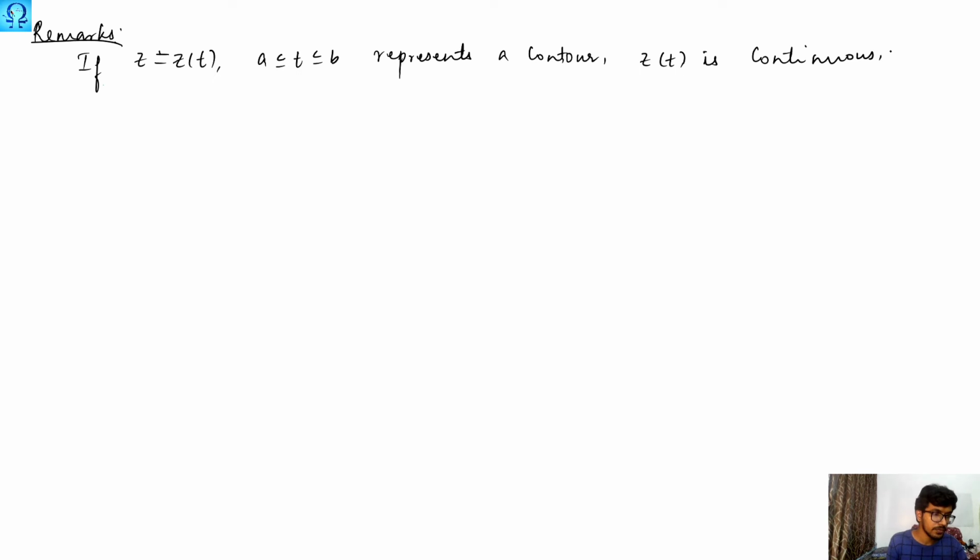If z equals z of t with a smaller than or equals t smaller than or equals b represents a contour, z of t is continuous whereas z prime at t is piecewise continuous.